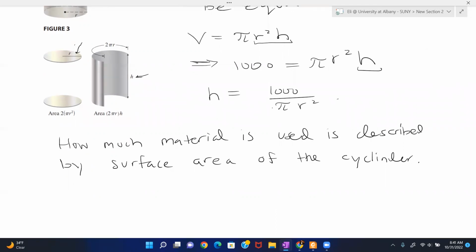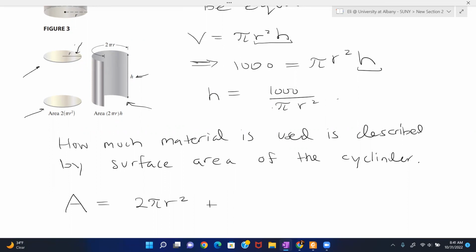So how much material is used is described by the surface area of the cylinder. We'll call A the surface area. So the surface area is given by this disk plus this disk, plus the cylinder part itself. The disk has an area of pi r squared, but we have two of them, so we have 2 pi r squared.